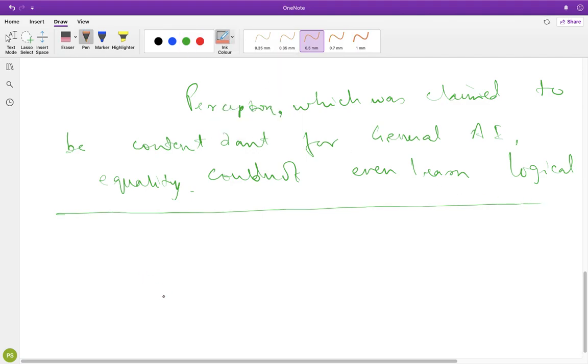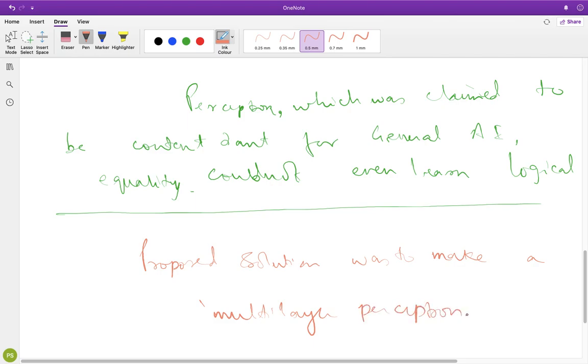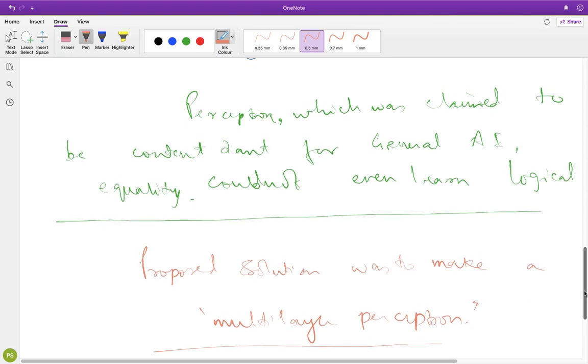So this was thought to be the need for the multi-layer perceptron. The proposed solution was to make a multi-layer perceptron, so that it can classify and adjust its weights to get the correct label.